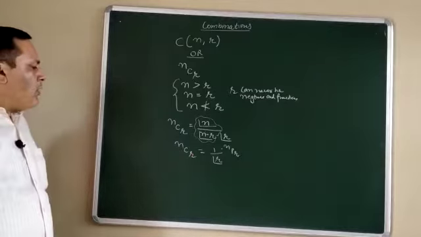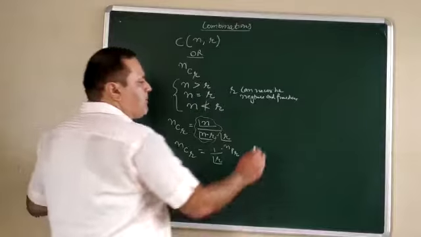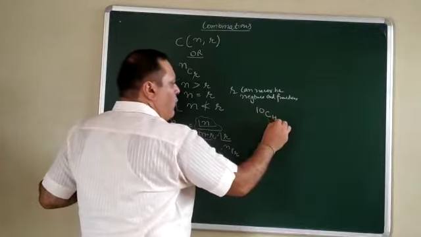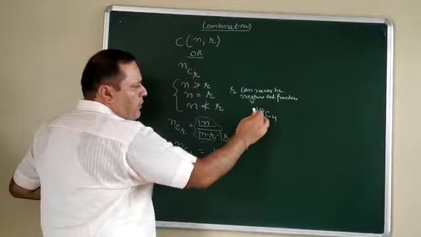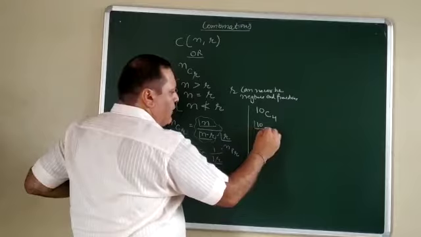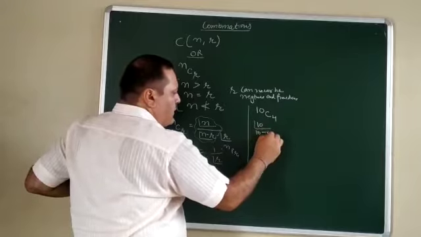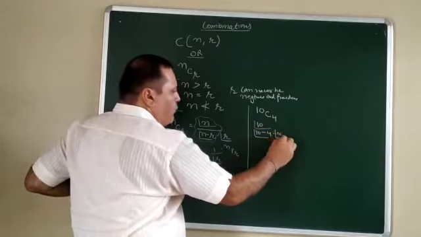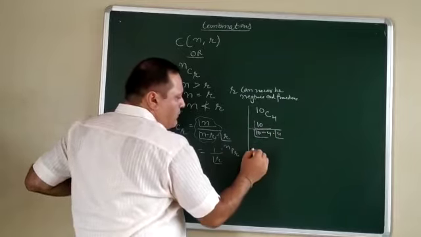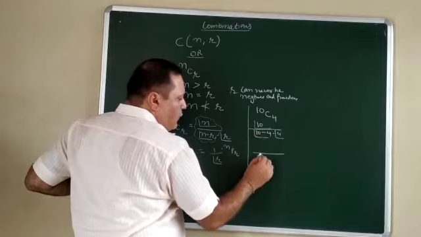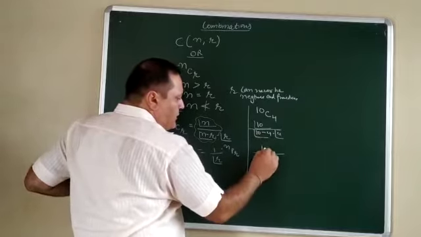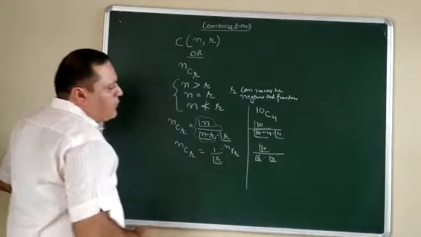Now see, how can we open the combinations? First of all, 10C4. According to the formula, 10C4 is 10 factorial upon (10 minus 4) factorial into 4 factorial. That is 10 factorial upon 6 factorial into 4 factorial.